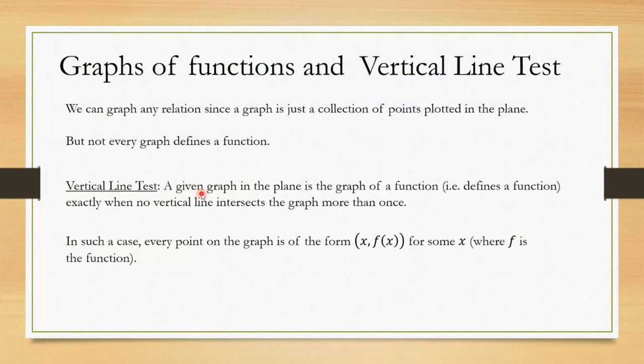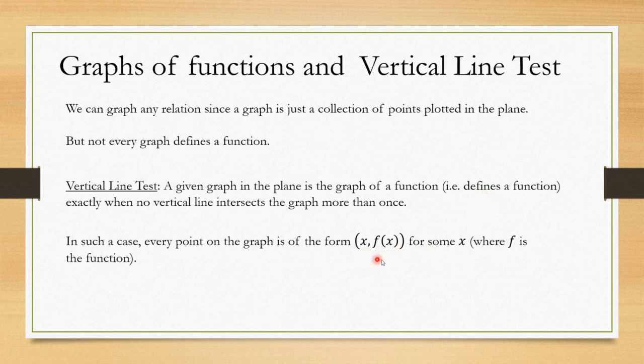Another way of saying that is you can't have a vertical line that intersects the graph twice or more. If no vertical line intersects the graph more than once, then it's the graph of a function. Or if you want, you can think of it this way, it defines a function.